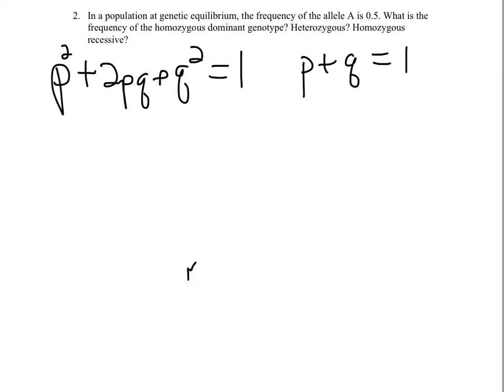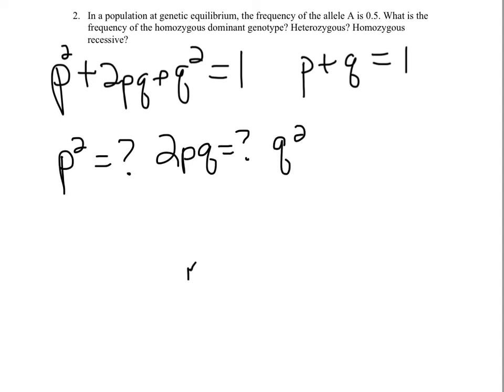They're asking us to solve for the homozygous dominant genotype, which is going to be this term here. So we're looking for P squared. We're looking for the heterozygote, so we're looking for 2PQ. And we're looking for Q squared. So basically, this entire equation is what we're trying to solve for, all the different parts of that.